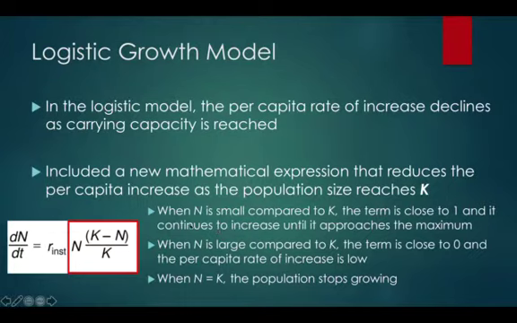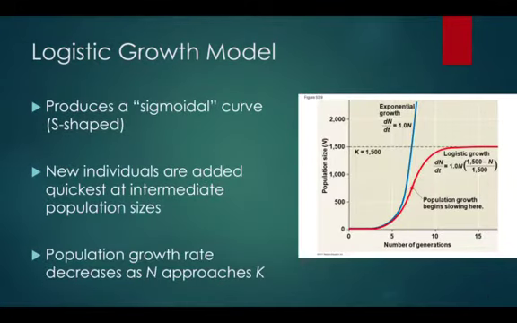So in this case, it's going to keep going up. In this case, it's going to slow down, and then in this case, it's going to level off. So it produces a sigmoidal curve, an S-shaped curve. That is this red line here, our logistic growth model.